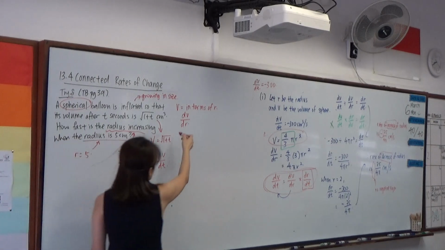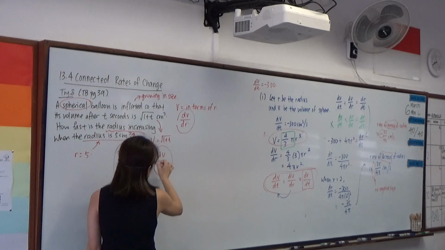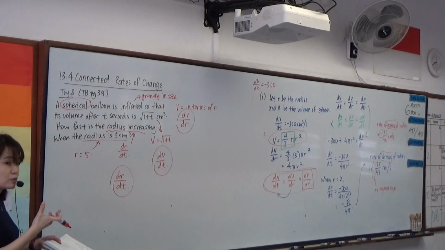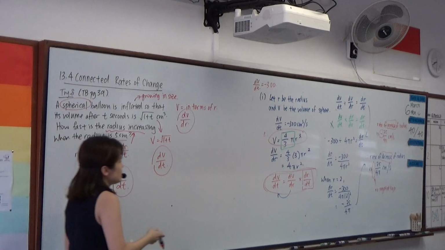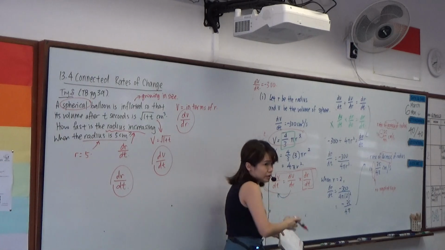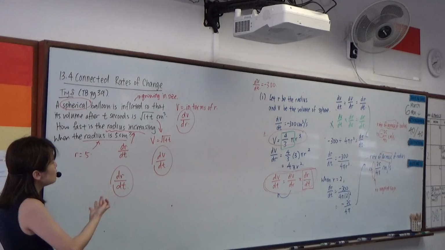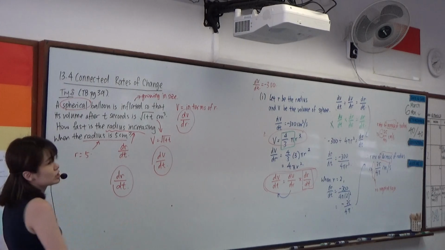So, having dv over dr, dv over dt, and dr over dt, we need to piece this together in order to do my chain rule application. Using this fraction, how would the equation logically form?